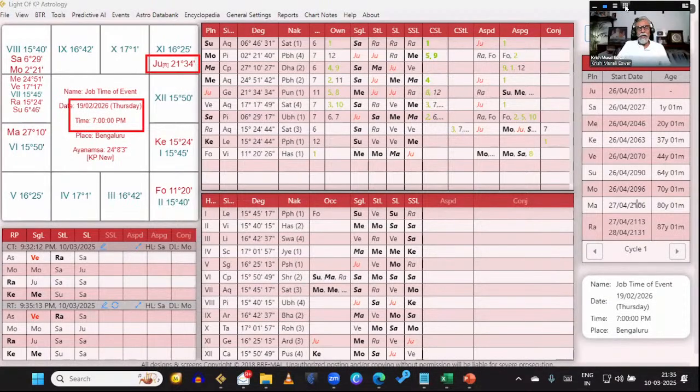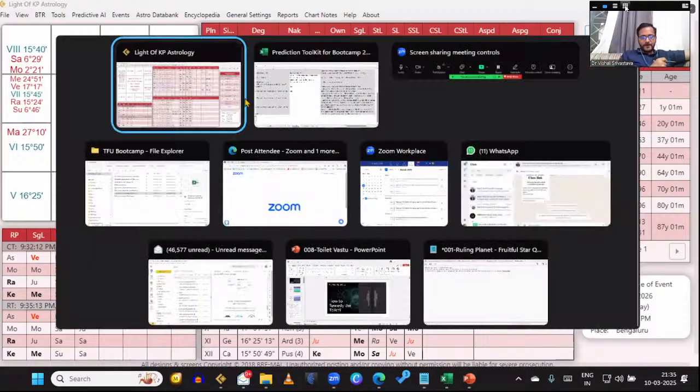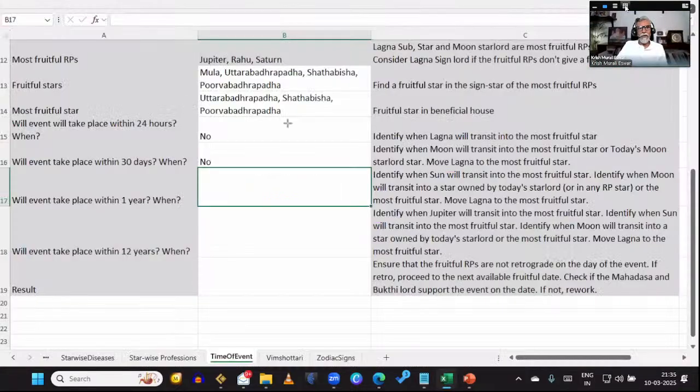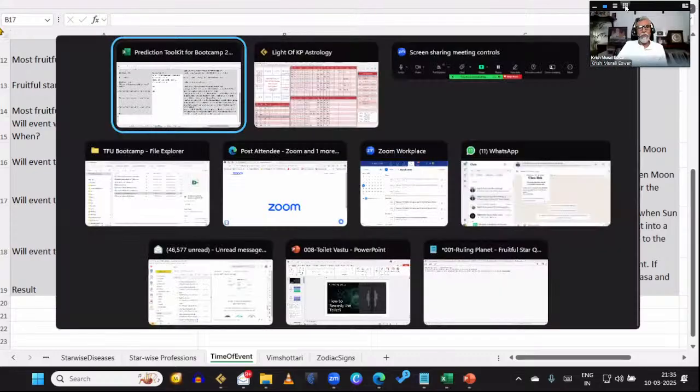So matter will not take place on the 19th of February 2026. Clear, sir? Got it, sir. Even though Purvabhadrapada is a fruitful nakshatra, it is ruled out now because Jupiter is retrograde. So matter ruled out.